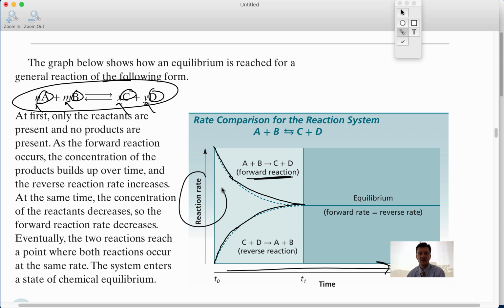This is reaction rate now. This is not concentration. So the two reaction rates are going to become the same value, and they're going to become a constant. So this forward rate and the reverse rate equal each other, and they become a constant value, meaning they're not changing anymore. That's when you've reached equilibrium.